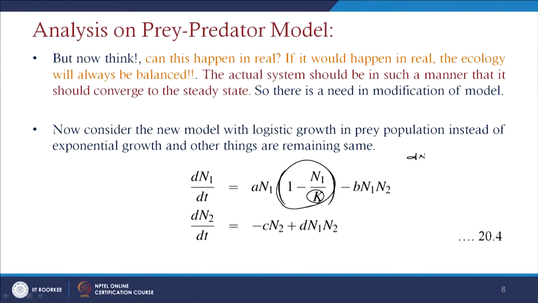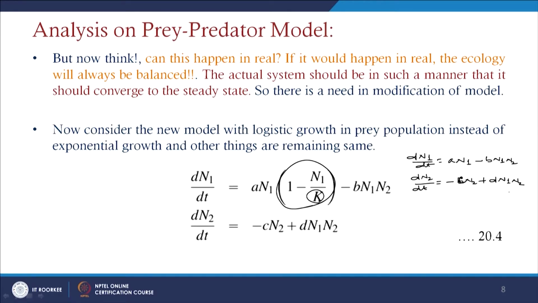In the earlier equation, dn1 by dt is a n1, that is the exponential growth we considered, minus the decline rate due to the predator population. Similarly, for the predator population, dn2 by dt is minus b n2 plus, sorry, this is c here, this is d n1 n2.